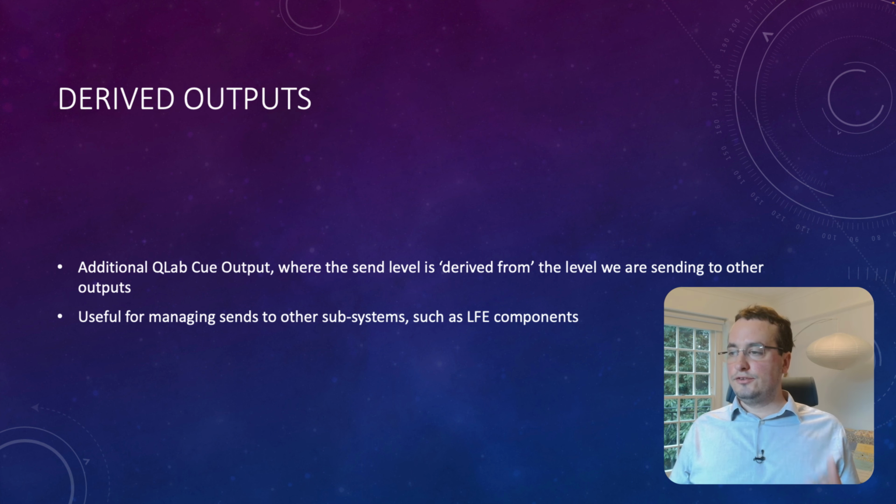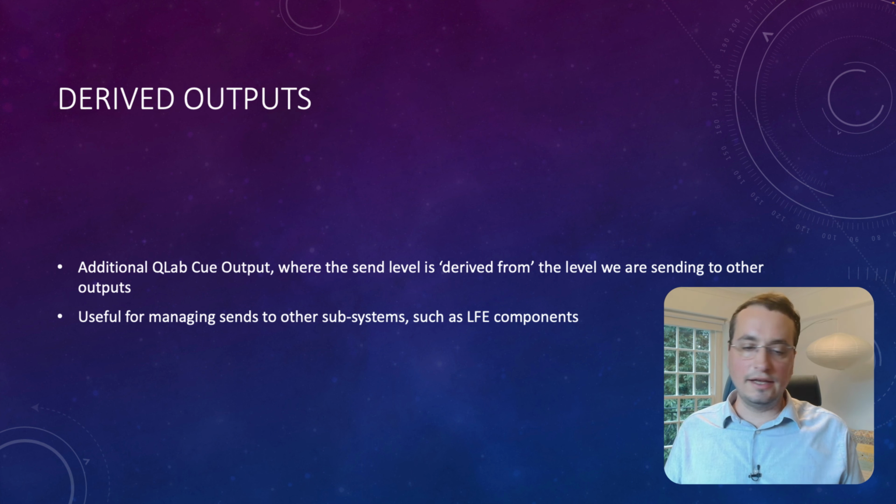It's most useful for handling subwoofers or any other subsystem of your main sound system, like delay lines or potentially a stereo mixdown of whatever you're outputting to the rest of your system. panLab allows for 8 derived outputs to be set up.